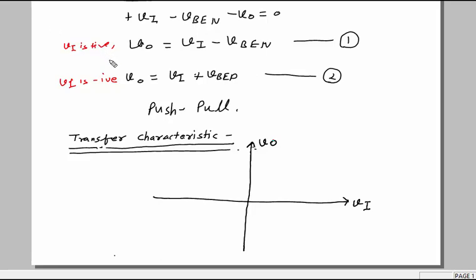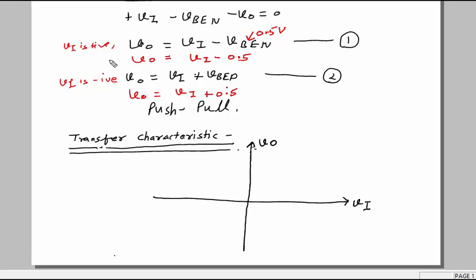When Vi is positive, let's say this value is 0.5 volt, V naught will be Vi minus 0.5. Similarly, when Vi is negative, we can write V naught equals Vi plus 0.5.